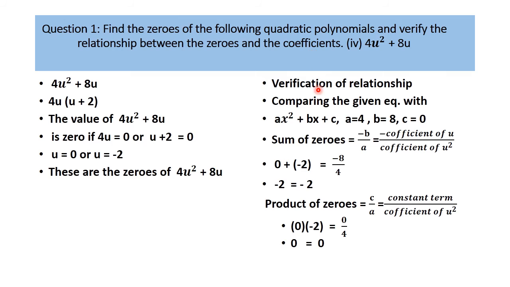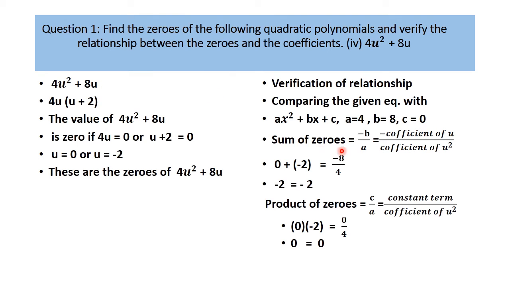Now verification. Now we'll compare it with the standard equation, that is ax² + bx + c. Here a is 4, b is 8 and the constant term is 0. This is important because there is no constant term, so its value here will be 0.